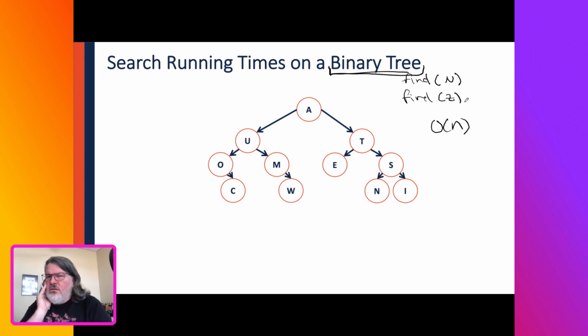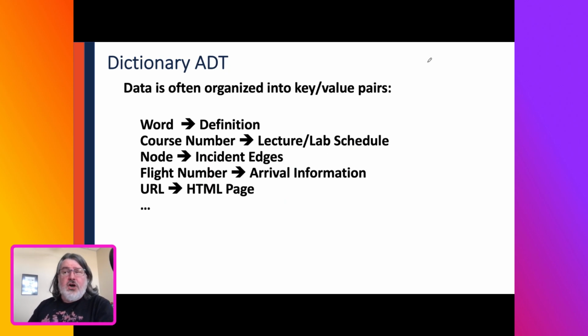But, huh. Let's think for a moment. We're probably going to want to restructure this tree, but we also want to talk now about an abstract data type. With trees, there are lots of things you can do, and a general tree is very general. But there's one abstract data type that we're going to spend about half of the remaining semester talking about, which is the dictionary.